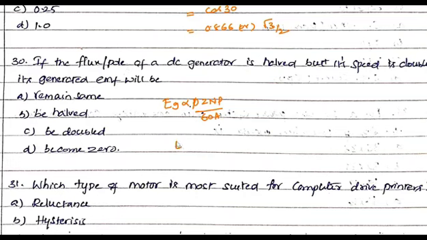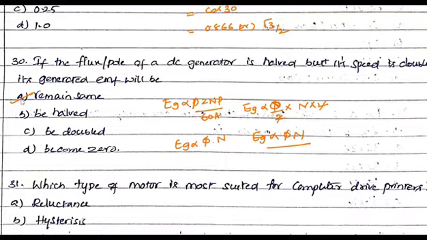That means Eg is proportional to phi into N. Flux is halved, means phi divided by 2, into the speed doubled, that means N into 2. So they cancel, and Eg remains phi into N only. The new generated EMF will remain the same.